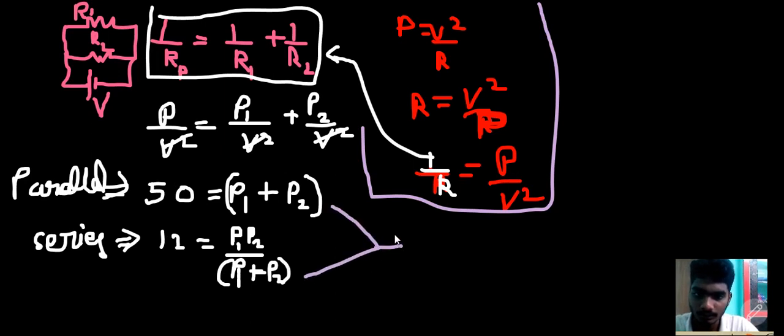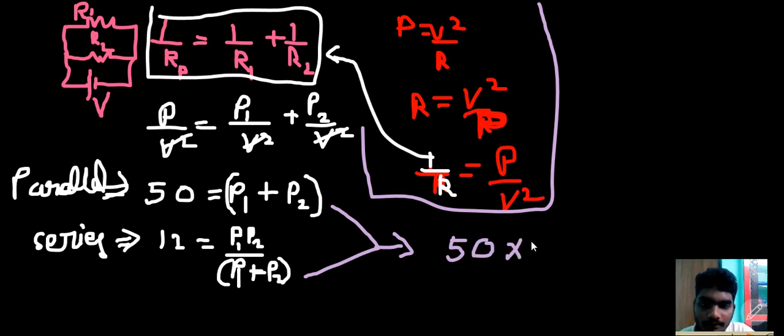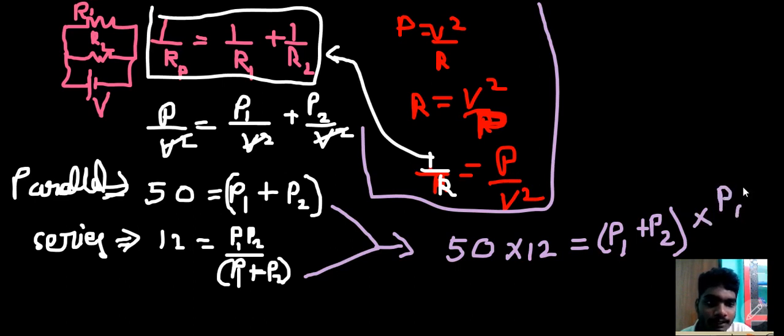From these both, I'm going to multiply the two equations, that is 50 multiplied by 12, which is equal to P1 plus P2 multiplied by P1 P2 by P1 plus P2.